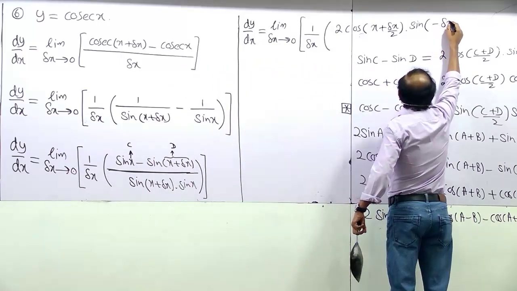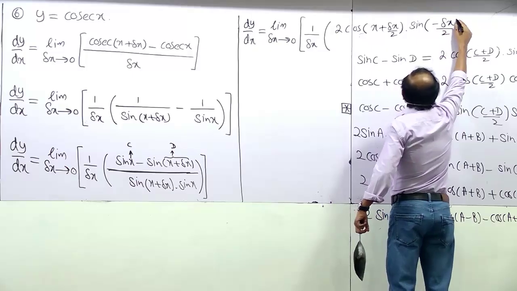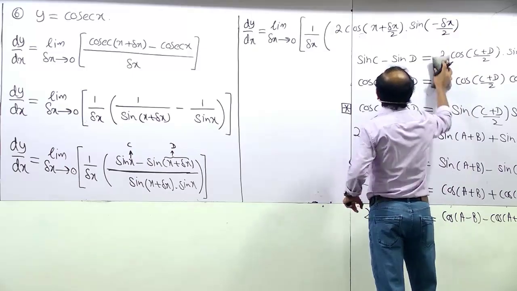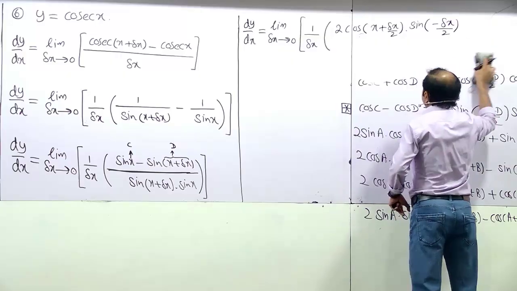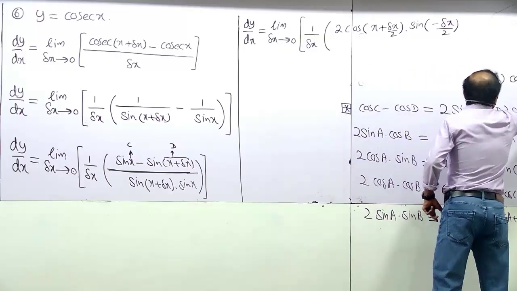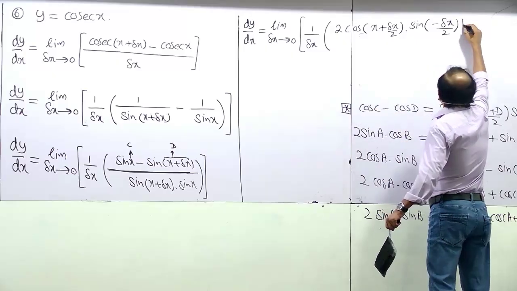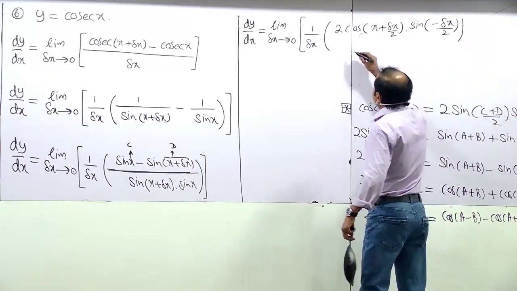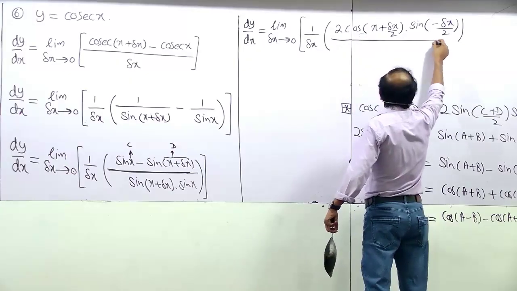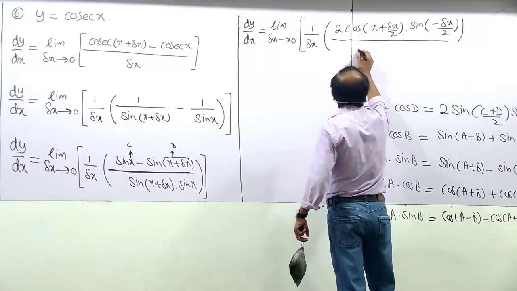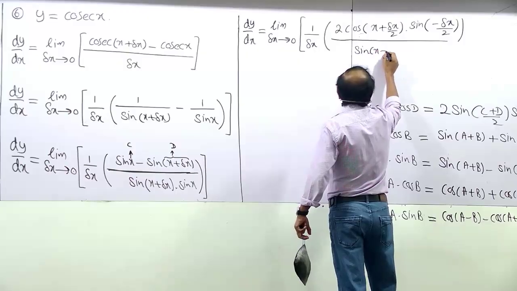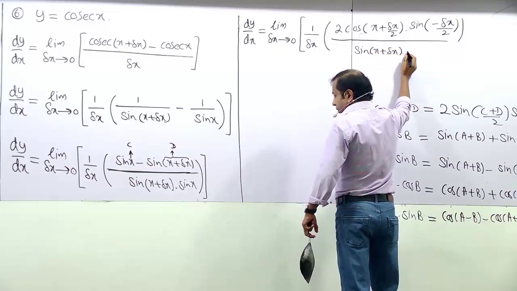Subtract and divide by 2. Divide this way, sin(x plus delta x) into sin x.